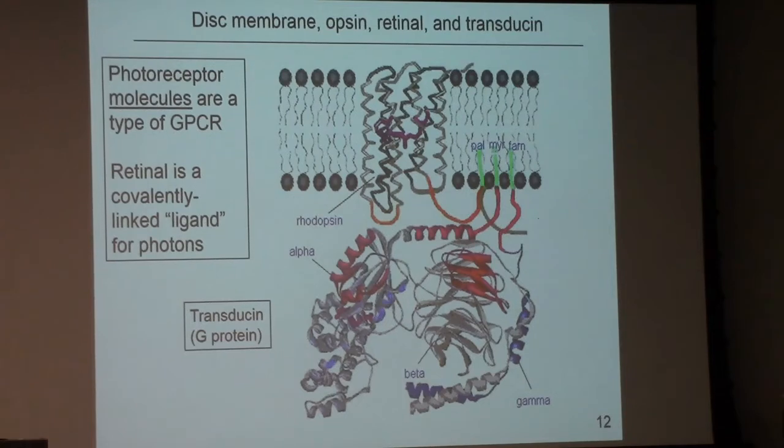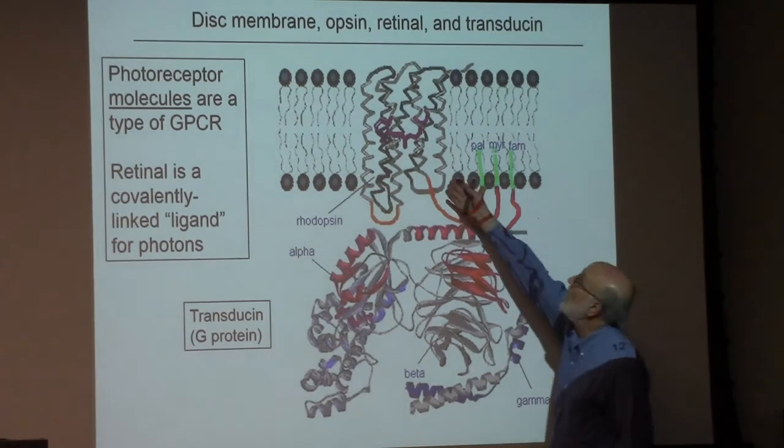Opsins are GPCRs, G-protein coupled receptors. So you know all about this. I don't have to go through it in great detail because you can apply everything you learned about Gs, Gi, and Gq. The things you learned about those G proteins and GPCRs can be applied here.